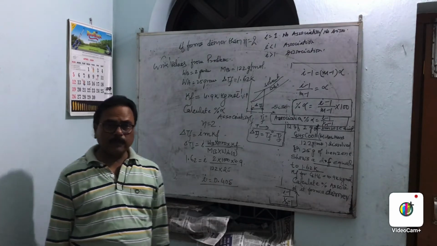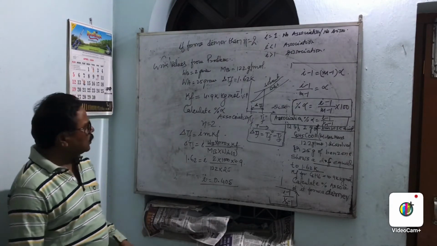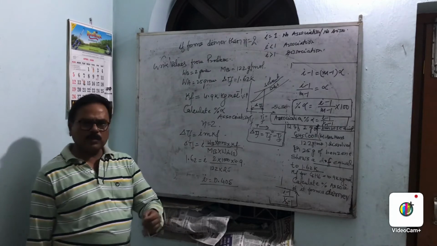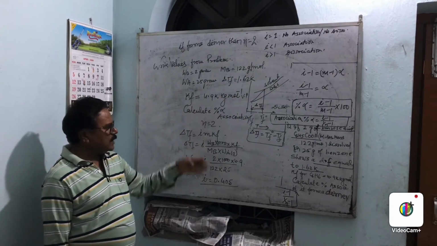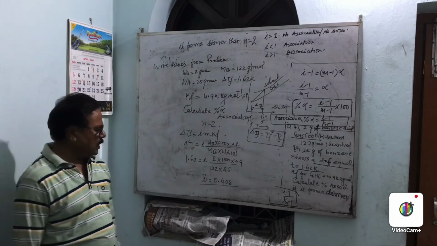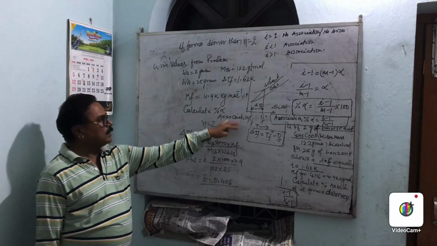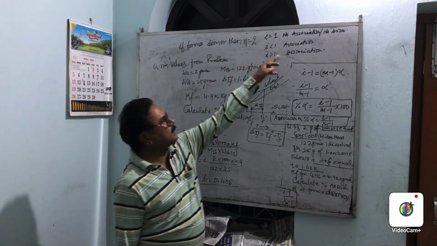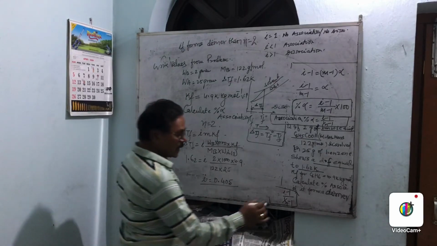Now if we have the concept, then we can conclude ourselves whether the steps I have taken are right or wrong. Because for the case of association, what is the condition? If i is less than 1, then it is a case of association, and it forms a dimer.